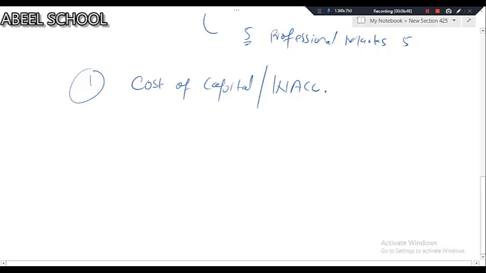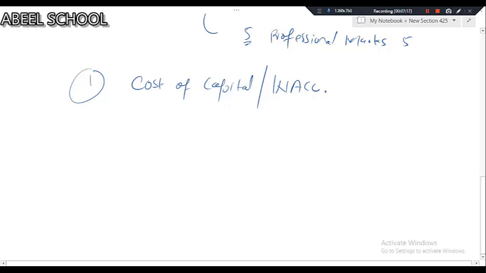So in cost of capital, again, obviously, we'll be starting from the basics of cost of capital, like what do you mean by cost of capital? What is the objective of cost of capital? And there are many other things also. The basic difference in financial management F9 and AFM is, in F9, when we discuss how to calculate risk adjusted WACC in case of diversification, we stop over there.